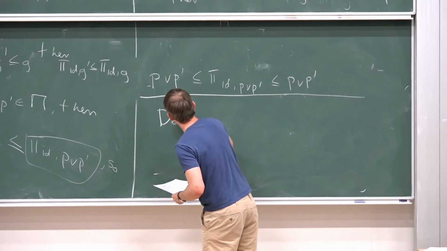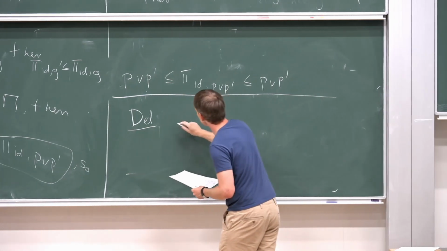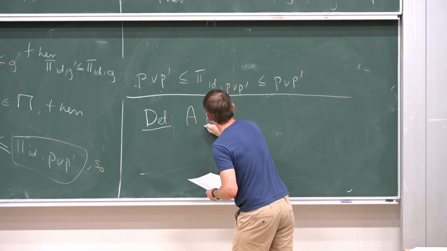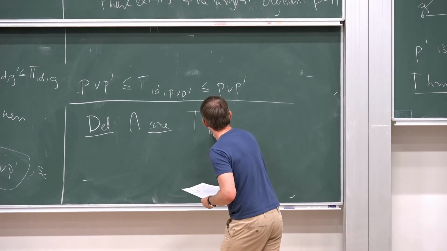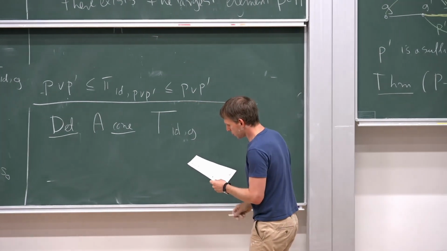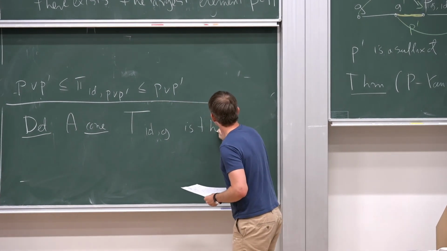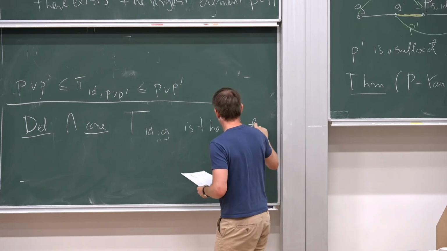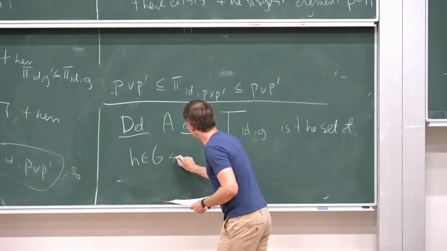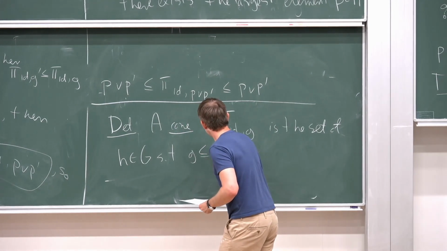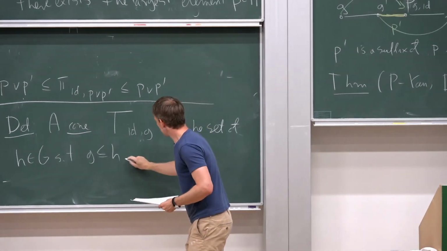For that, I need to define what is a cone in a Coxeter group. A cone will depend on two parameters. Let's say that the first one for the moment is identity, and the second is G. It is the set of elements H of the Coxeter group such that G is smaller than H. So the picture is the following.